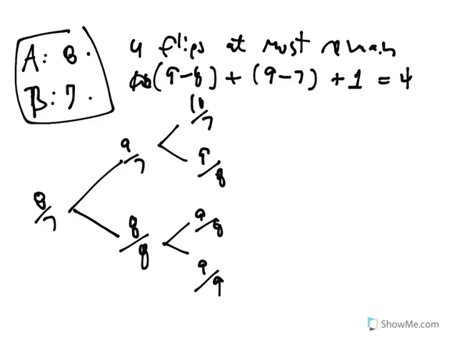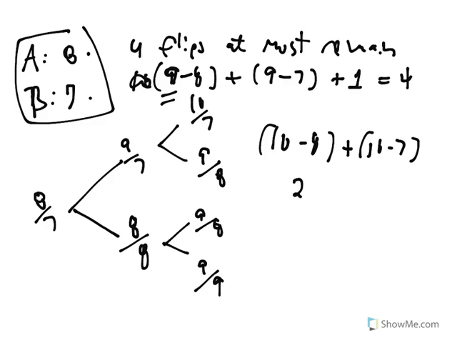Sort of, if I get to where I need a final tiebreaker, this is like 9 is 1 less than 10. You could, I suppose, also say 10 minus 8 plus 10 minus 7, minus 1, which is 2. And then minus 1 would also get you to 4.